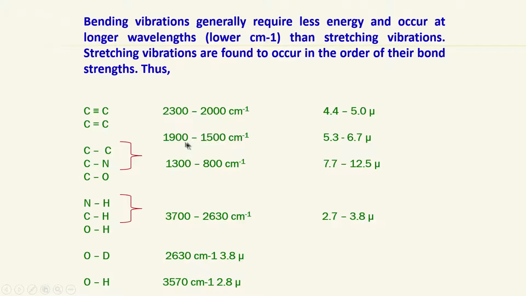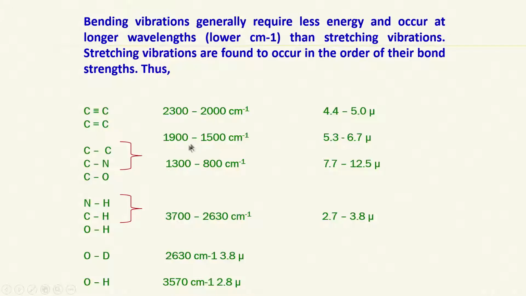Now, compare this double bond position with respect to the single bond position. Obviously, like our earlier theory, a single bond is longer and has less energy compared to a double bond. So, a single bond should appear at longer wavelength, right. Here it is appearing at 1500 compared to 2000 for a double bond.